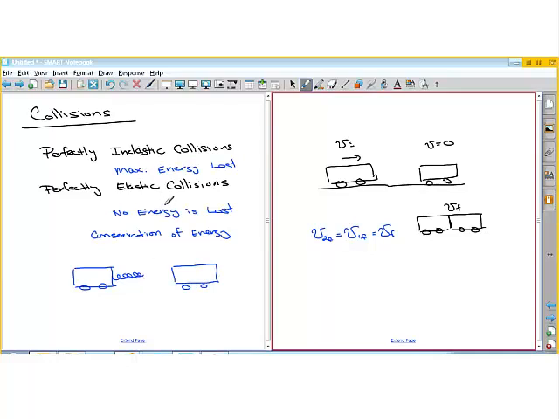Or just real balls hitting off each other. If you took two volleyballs and ran them into each other, and they would bounce back, there is some energy lost as the material in the ball is deformed and is turned into heat. So we don't really talk about that in this class.